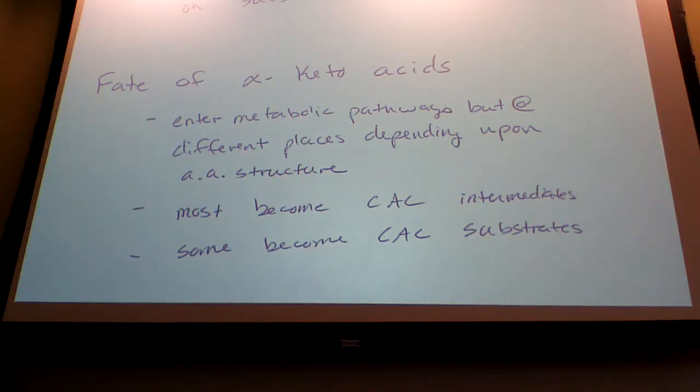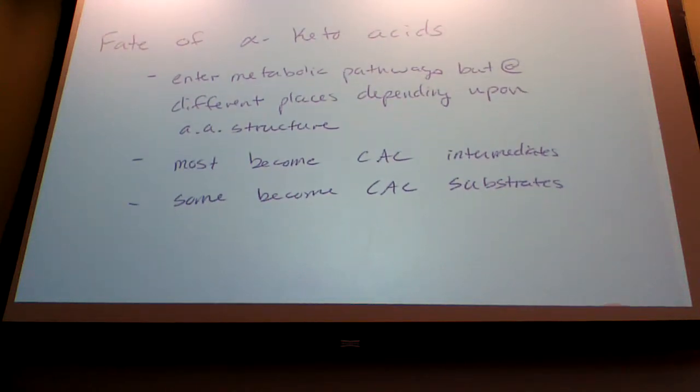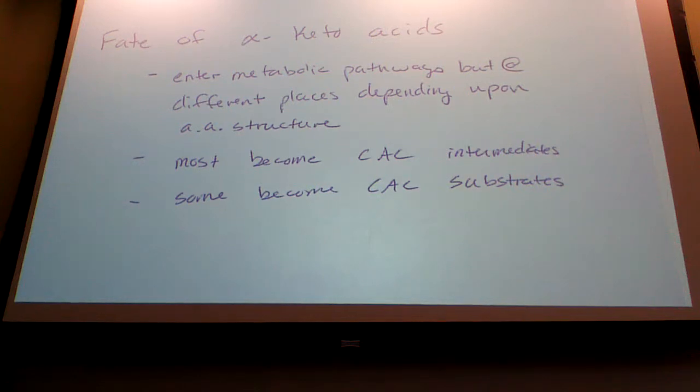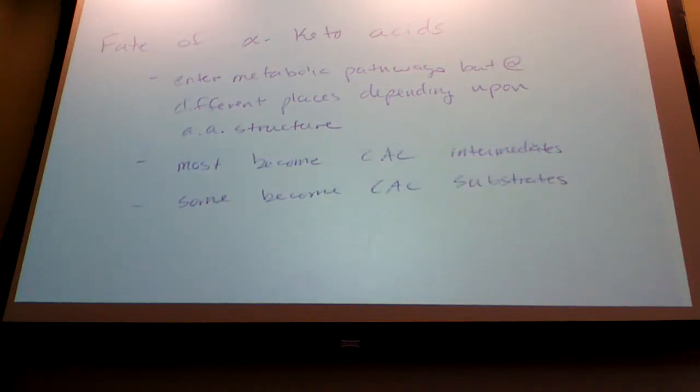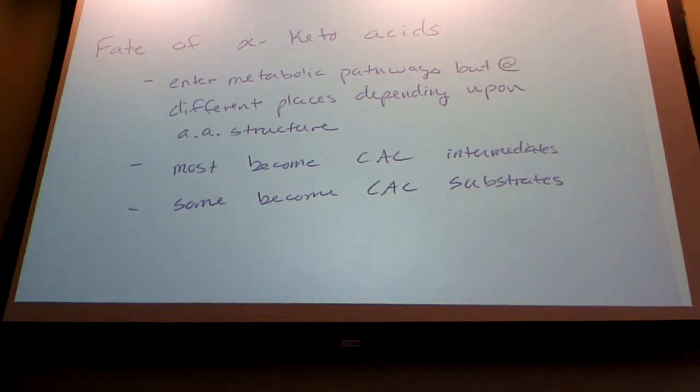And if you go back a step, you can get to pyruvate. They're coming from glucose. But the acetylcoenzyme A is going to come from fatty acids, and they'll converge there, and then that is a substrate that gets oxidized by the citric acid cycle. Whereas things like fumarate is a citric acid cycle intermediate, or it can be converted into something that conventionally is a substrate.